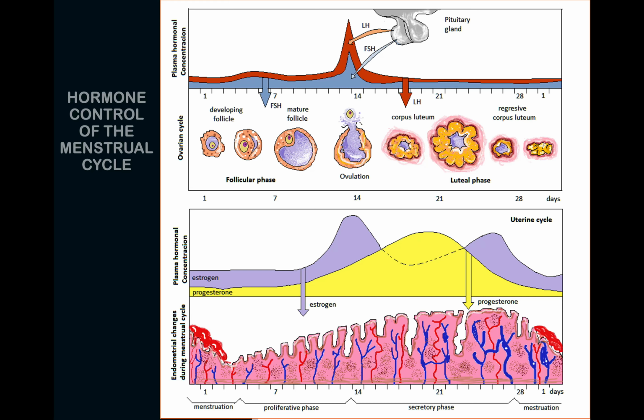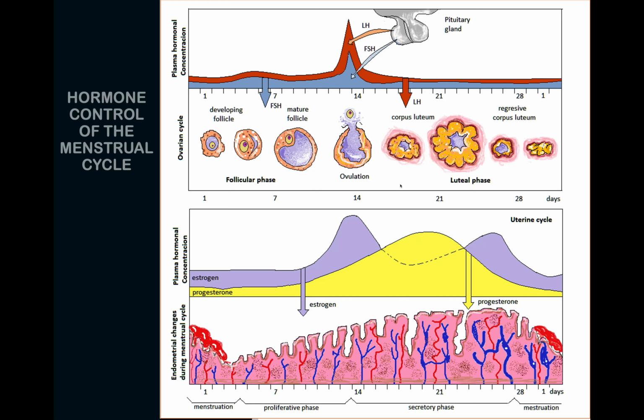Another area we have noticed negative feedback coming into play was the increasing levels of the estrogen and progesterone secreted by the corpus luteum, and this inhibited the release of FSH and LH from the hypophysis. When this took place, it prevented the development of any further follicles as well as ovulation.